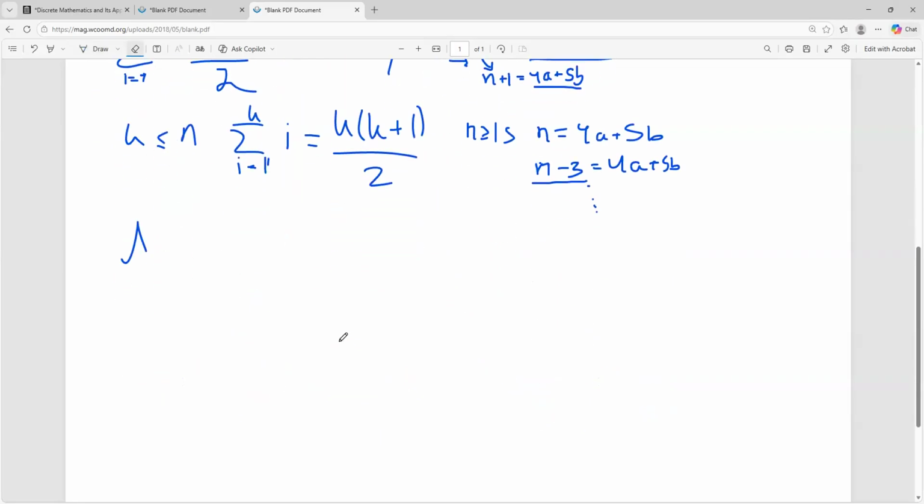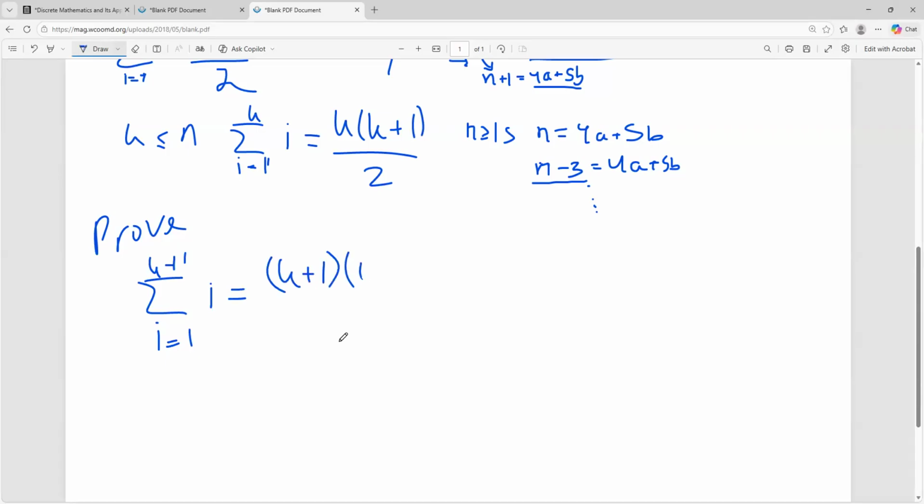I want to prove that the sum from i equals 1 to k plus 1 of i is equal to k plus 1 times k plus 2 over 2. Well, I know the sum from i equals 1 to k plus 1 is the sum from i equals 1 to k of i plus k plus 1.